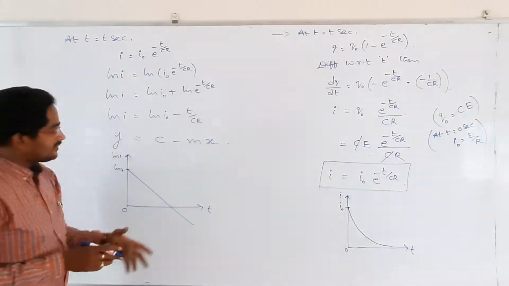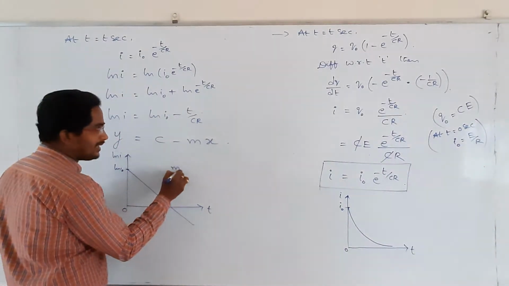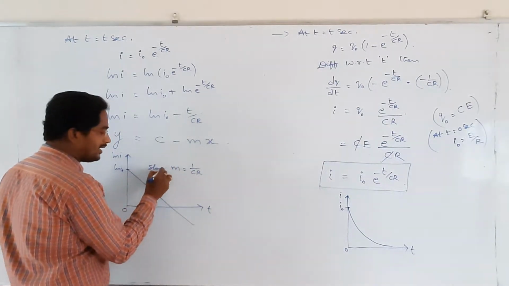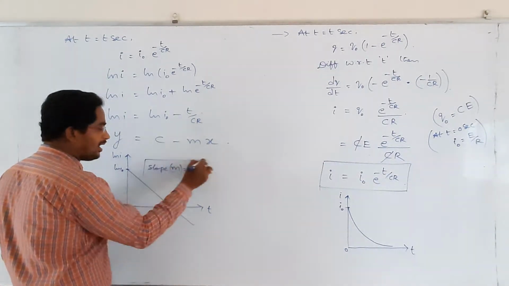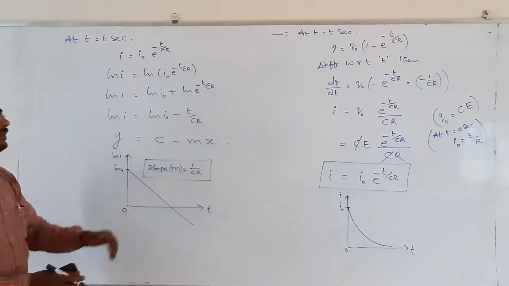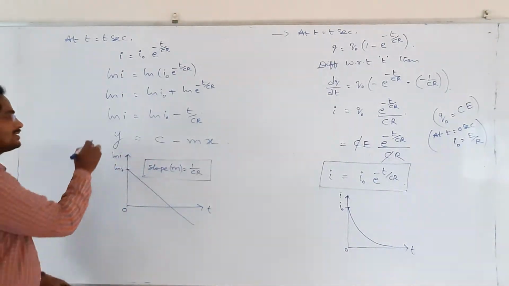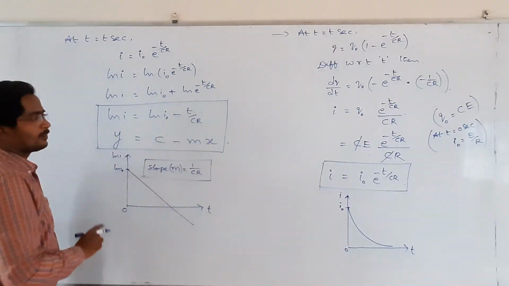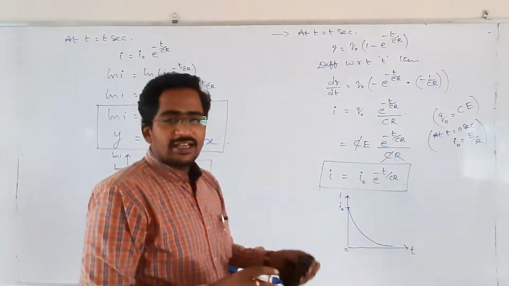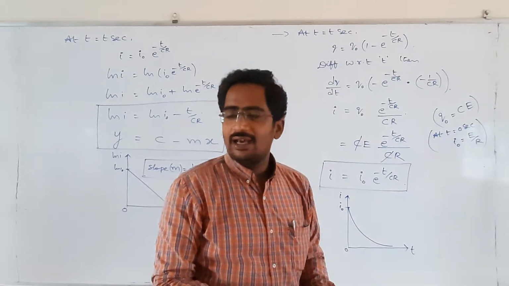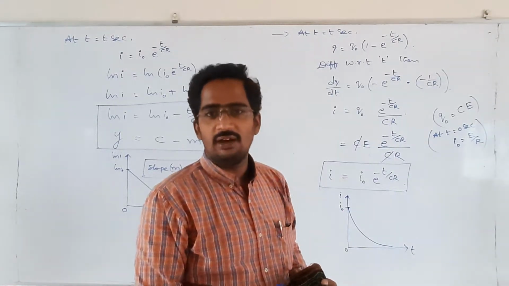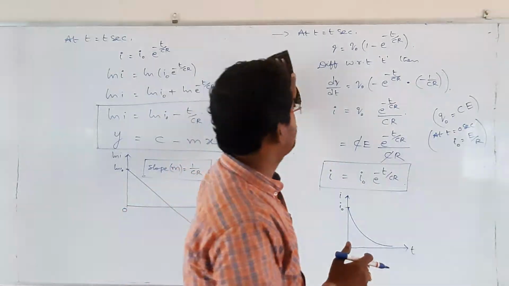What is the slope of this curve? The slope value here is 1 by CR. By comparing both equations, we can write that. So that is the graph shape of ln I against time in the case of the CR circuit.